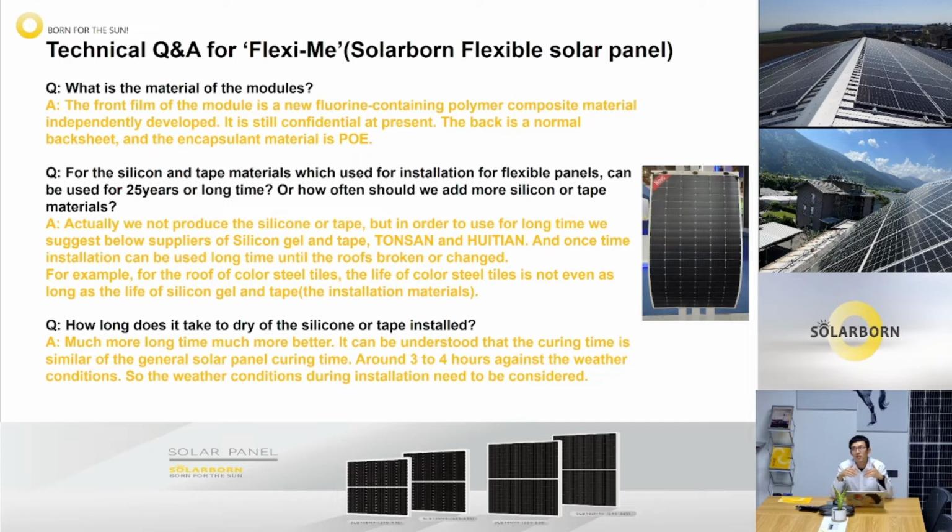It depends on the situation of the roofs. And you can understand this kind of solar panel is installed in an easy way, because without the mounting structures, we only use the silicone gel or the installation tape.